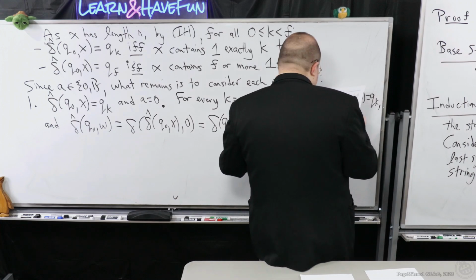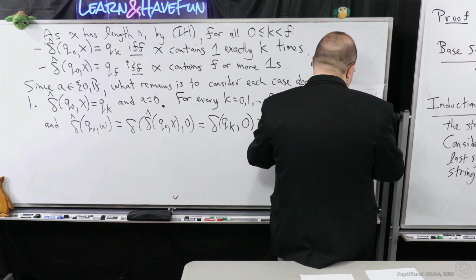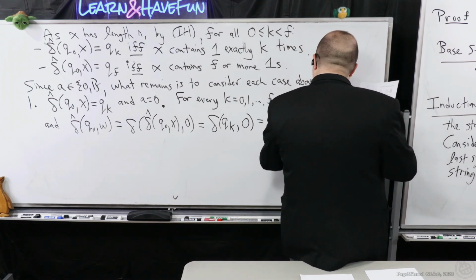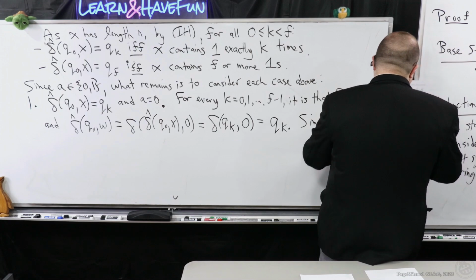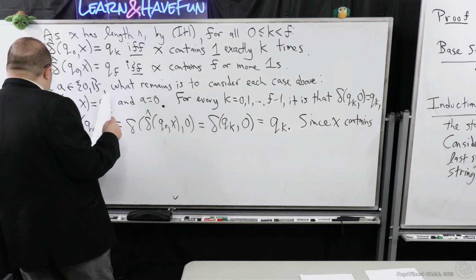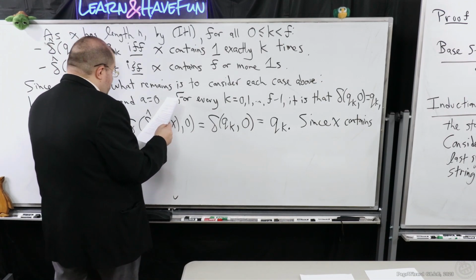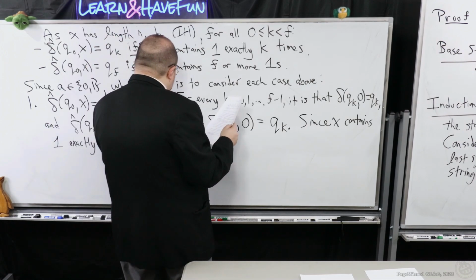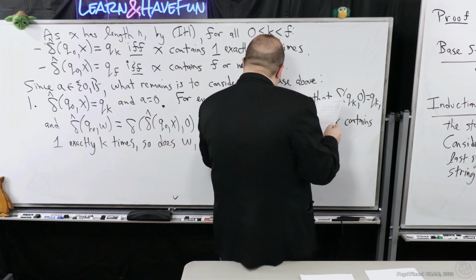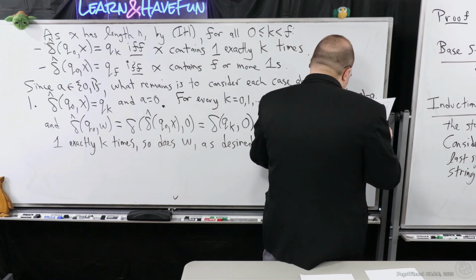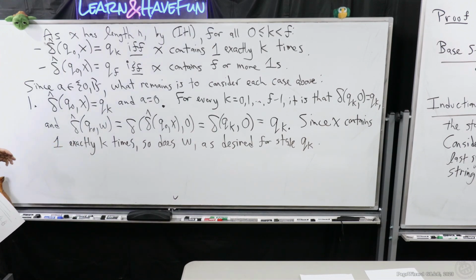Yeah, we stay in the same state. So since x contains 1 exactly k times, so does w, as desired for state qk. So we're all good. Checks out, right? So that's the first case.